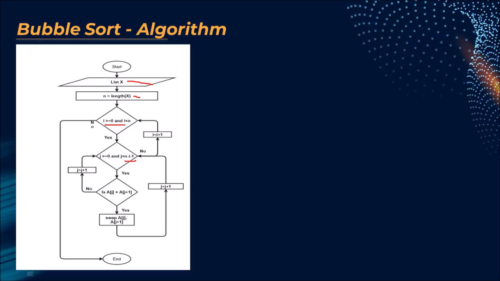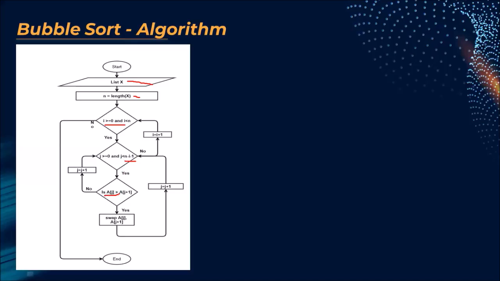If we are at the second iteration set, then we know that in the previous iteration set, the largest number would already be at its right position. So we need not compare the last element in that case. Therefore we do n minus i minus 1 and we proceed further.